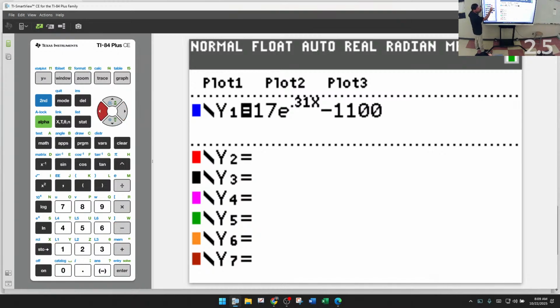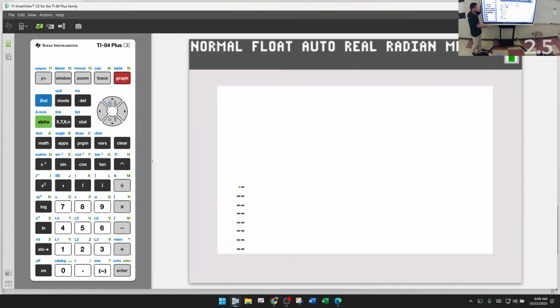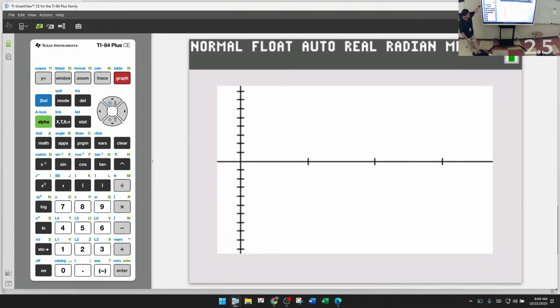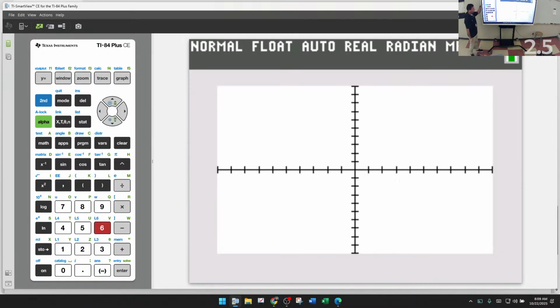Whoops. Got too froggy. Move that 1,000 there. Okay? And then when I graph it, I might see it and I may not. I don't. Got to do some zooming. Window, zoom 6. That does what it should do. Still not enough. So I got to do some more zooming.